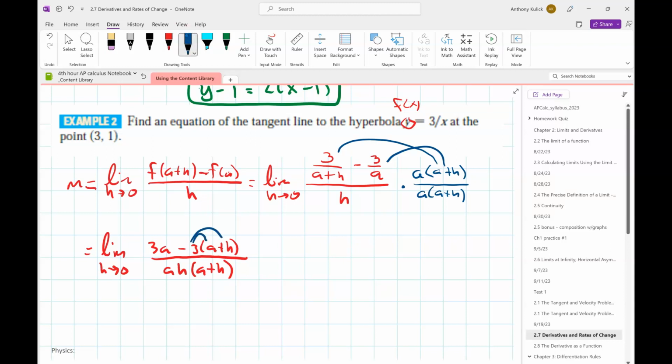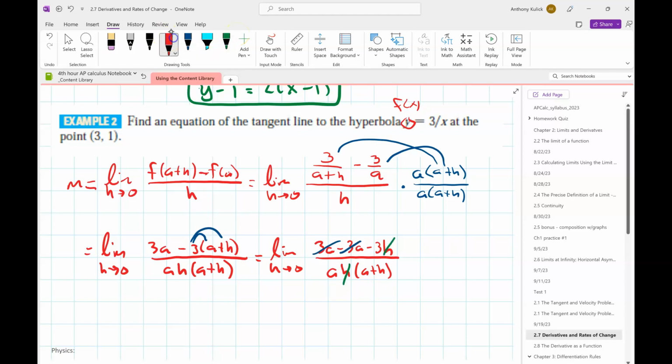Well, let's distribute things through now, because we still haven't really canceled anything, right? What do you notice? 3a. Yep. And what else? h.